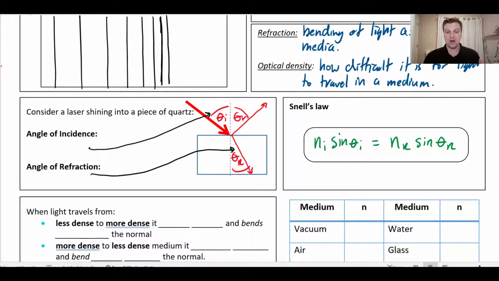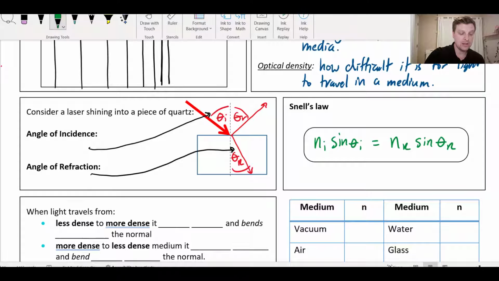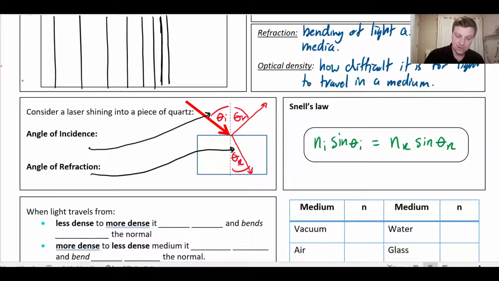Now, obviously, theta i and theta r are our incident and refracted angles, but the n's in this equation, Ni and Nr, this is something called the index of refraction. It's just a number that tells us how slowly light is able to travel through that medium.